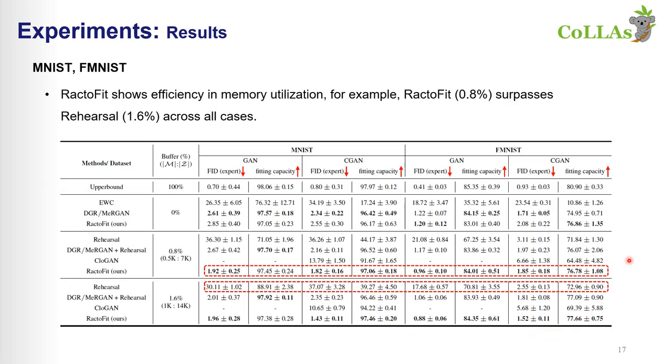The table shows the results of training on MNIST and Fashion MNIST after completing all continual tasks. Rock-to-Fit shows the best results in most cases and also shows the efficacy in memory utilization. For example, Rock-to-Fit 0.8% surpasses rehearsal 1.0% across all cases.